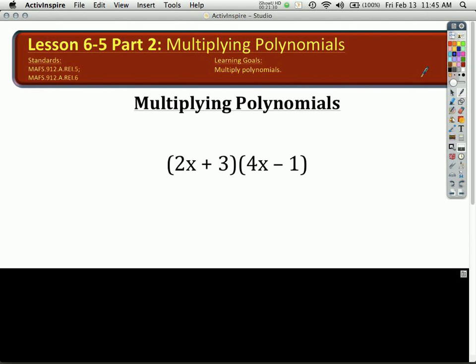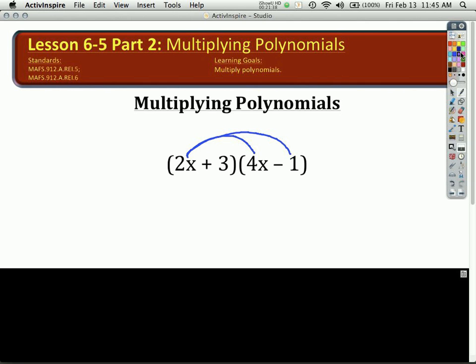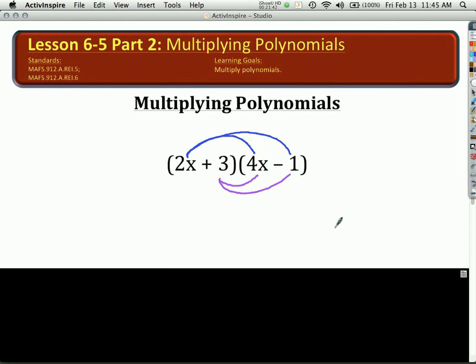Because it's exactly what Vontravius said. It is going to be the 2x here and the 2x here. That's distributive property. And then it's going to be the 3 times the 4x and the 3 times the negative 1. Remember, each arrow, well, I didn't draw arrows, but each line represents a multiplication. So that's 4 of them.